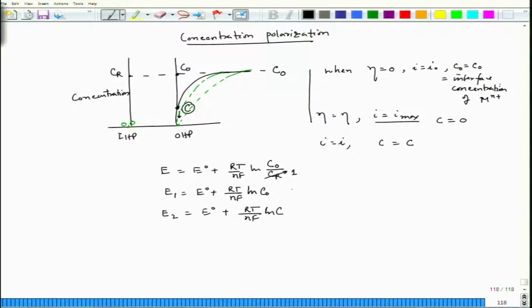So, I am getting these two equations. So, the overvoltage would be eta equal to E 2 minus E 1, and this overvoltage is due to this concentration change of this metal ion. So, I can put it as concentration, or in short I can mention it as concentration, and this is concentration polarization or overvoltage.